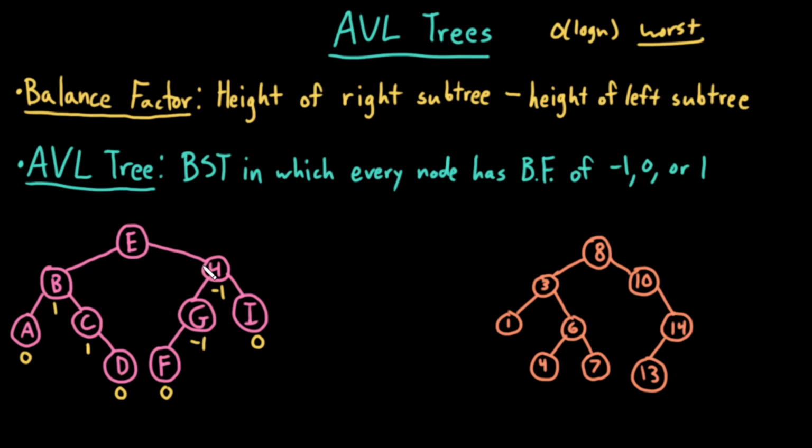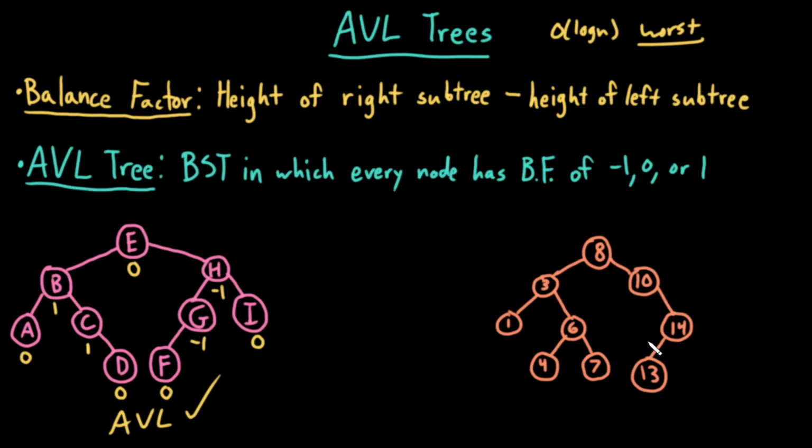Therefore, its balance factor is 3 minus 3, which is 0. So in this tree, every single node has a balance factor of either 0, 1, or -1, which means this is indeed an AVL tree. It's a binary search tree in which every node has a balance factor of 0, 1, or -1.